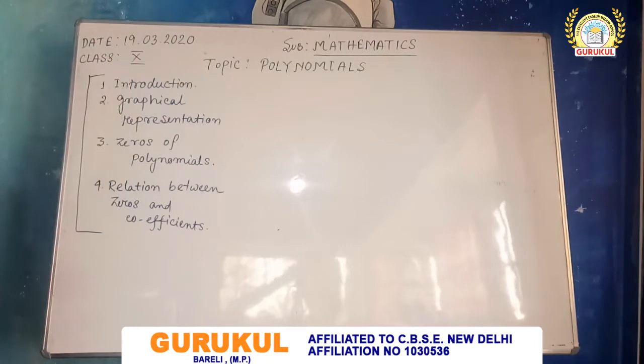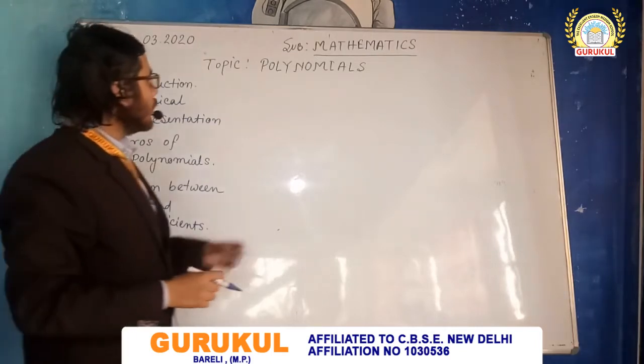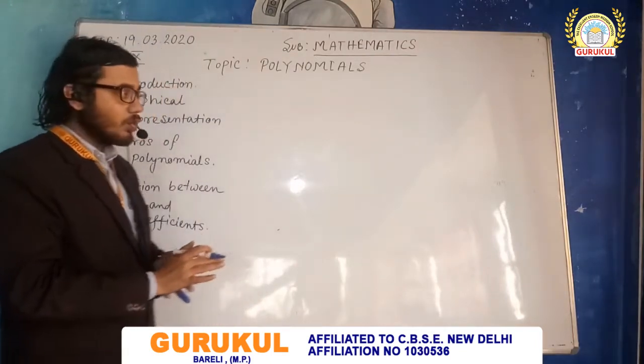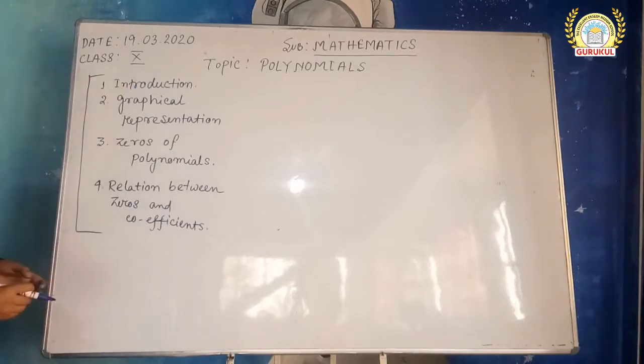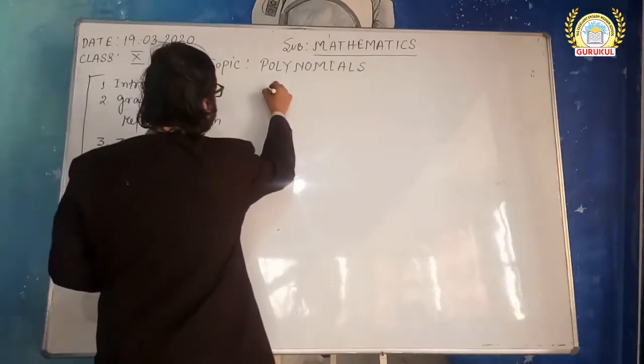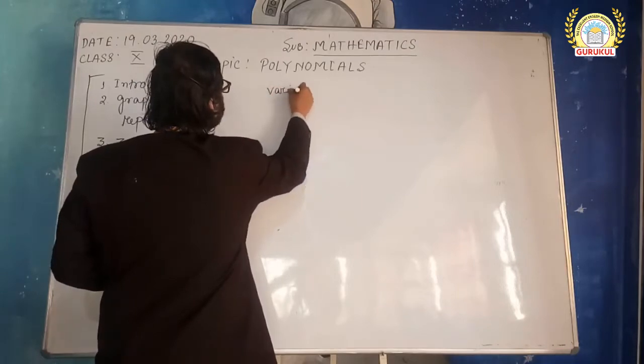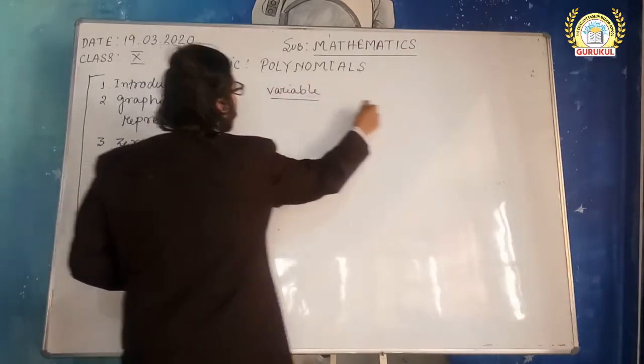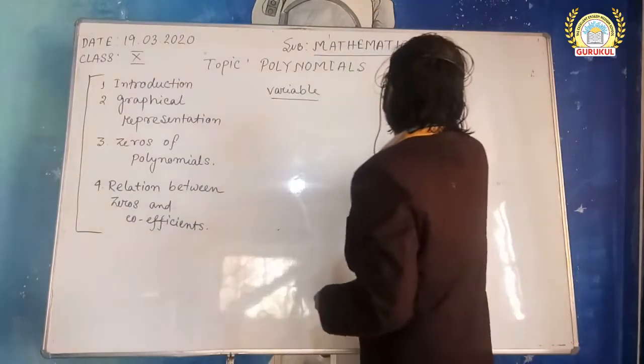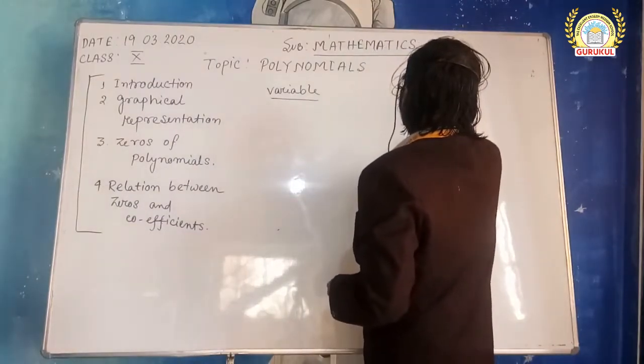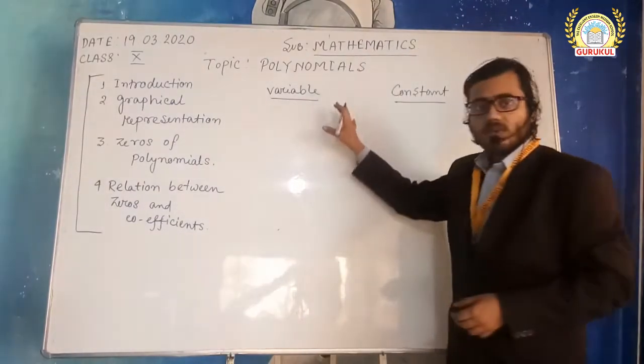First, introduction. First we need to know what is a polynomial. To know about this, we need to know about 2 particular terms. First term is variable and second term is constant. These are the 2 terms we all know about.